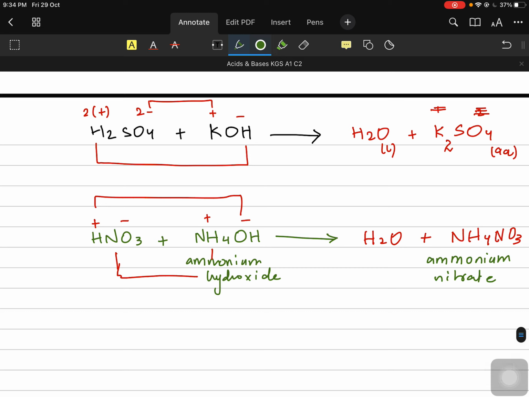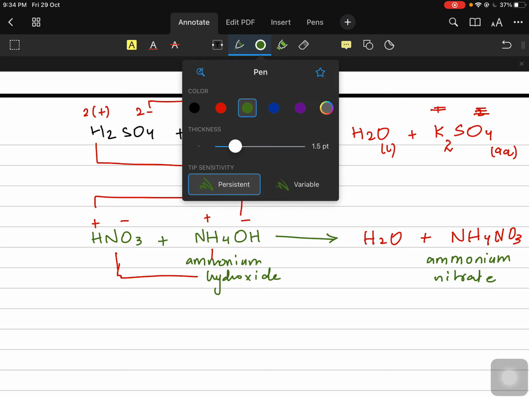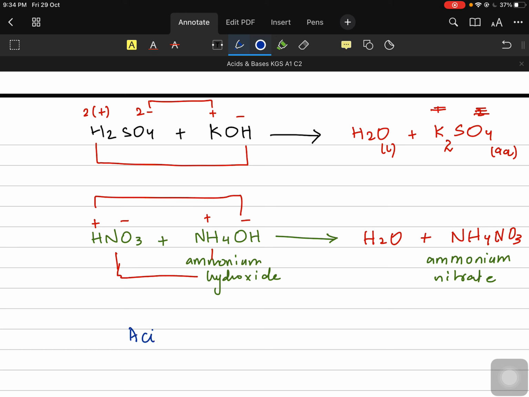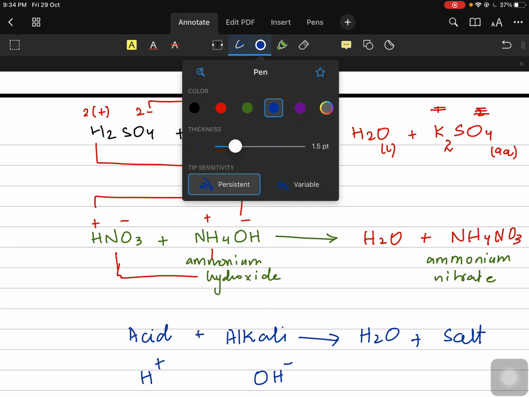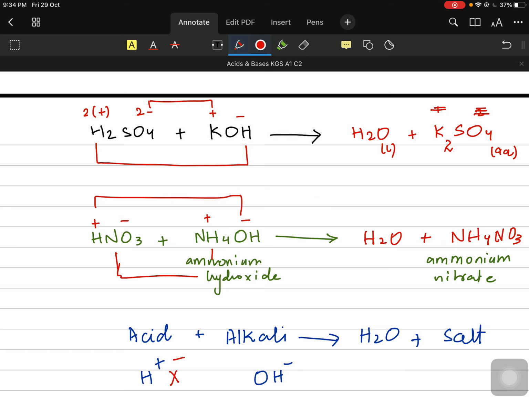So in neutralization, what we know is an acid reacts with an alkali to give you water for sure and a salt. Acid gives you H+ ion, the alkali gives you OH- ion, but obviously acid is not H+ only, it has a negative part as well, so let's call it the negative part, X-.